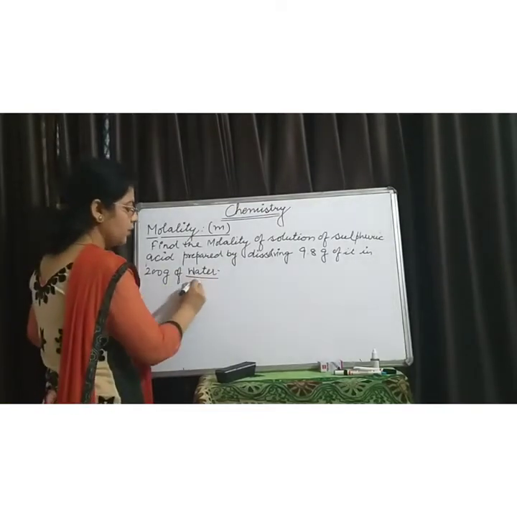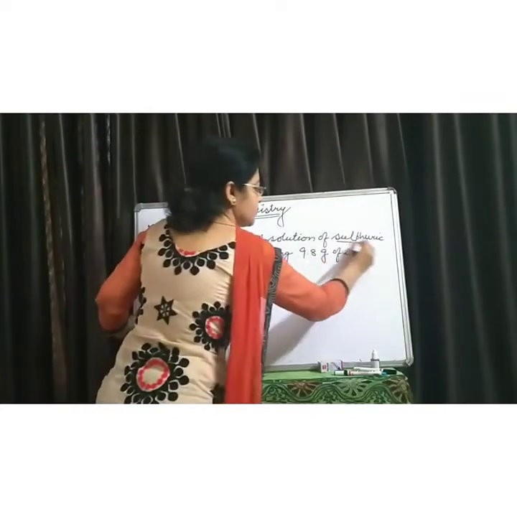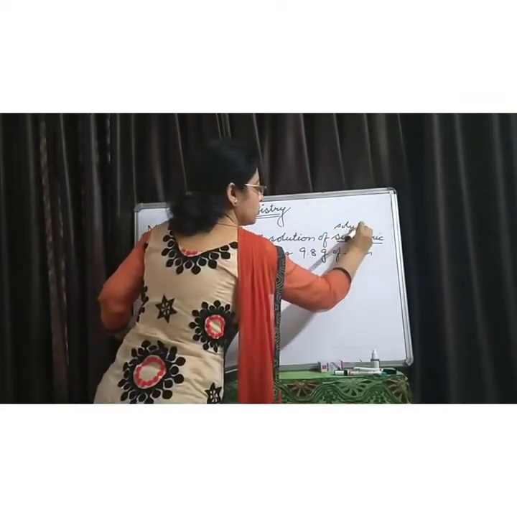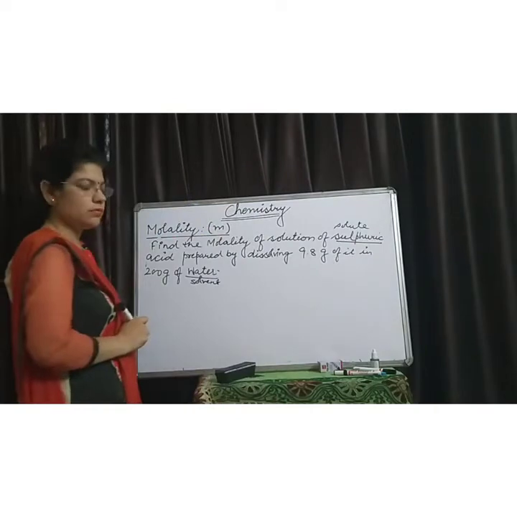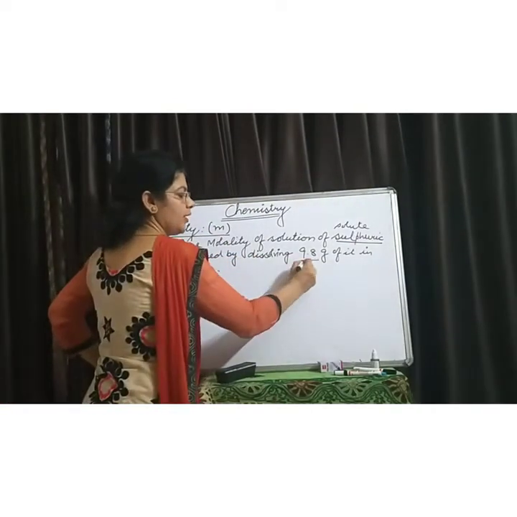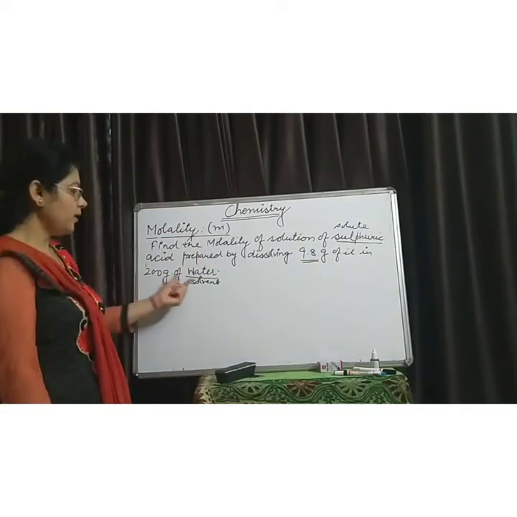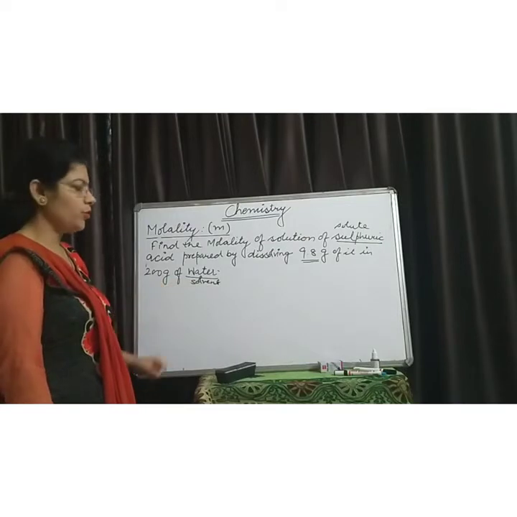Here water is the solvent and sulfuric acid is the solute. In this, the mass of solute, that is 9.8 grams, is given to you. Also the mass of solvent, that is water, is given to you.